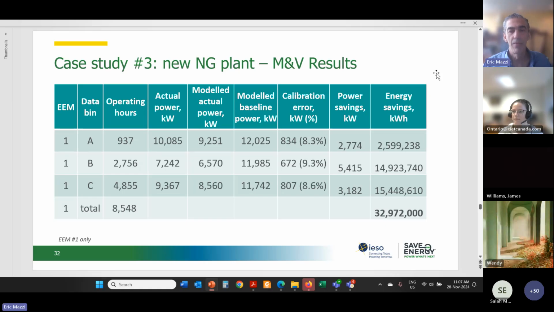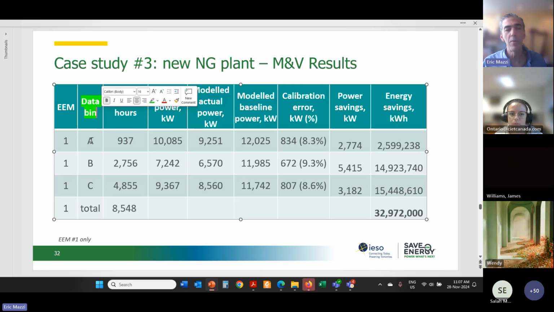Then you multiply by operating hours, and it's usually done in a data bin format. So this would have had 3 data bins for measure 1. That means you take the actual operating data, and then the analyst doing the modeling and the M&V engineer make judgments about how to bin this data.